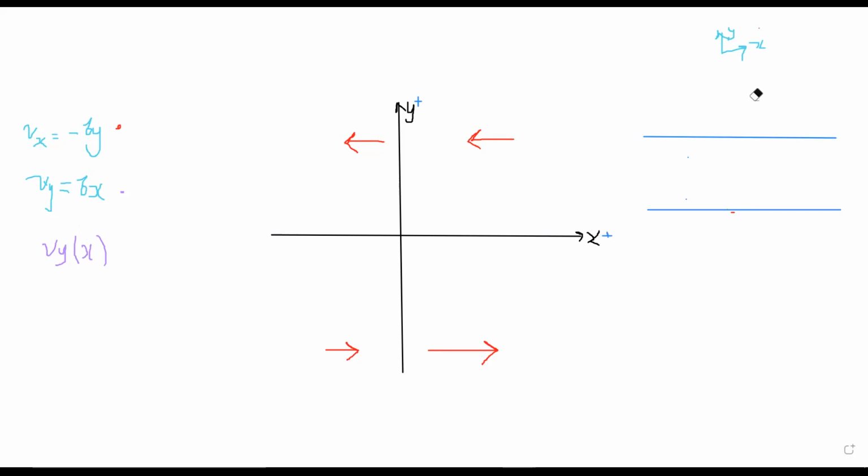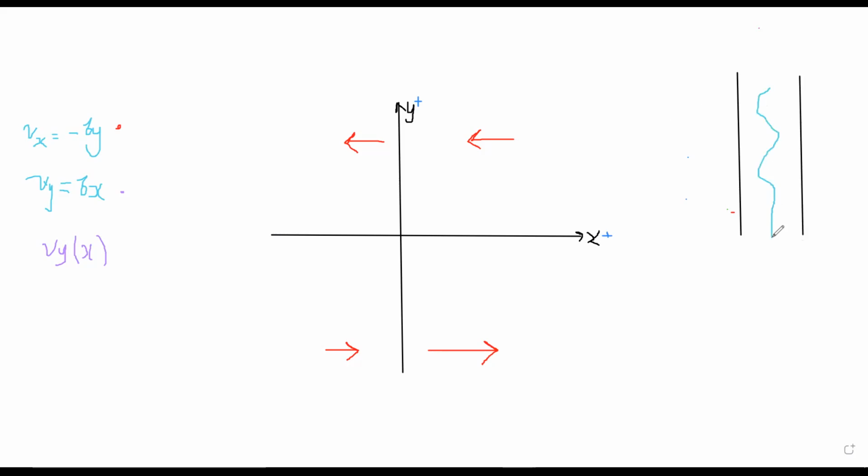That means, let's erase this. So if we had like a vertical channel, right, we had fluid flow in the y direction. I'm using this as the coordinate system here again. So we had fluid flow in the y direction as such.